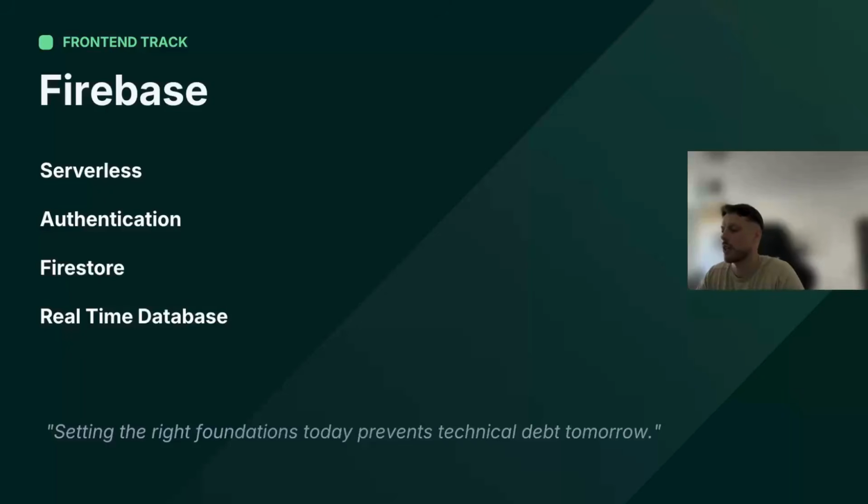Then we have Firestore, which is a document-oriented database, and we have the Realtime Database, which is a JSON-oriented database. For example, the Realtime Database can be used for real-time updating, such as messages. So we can start with coding.